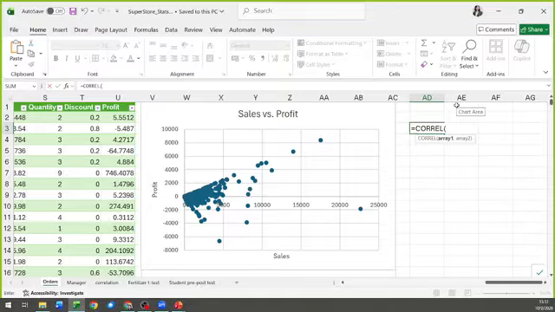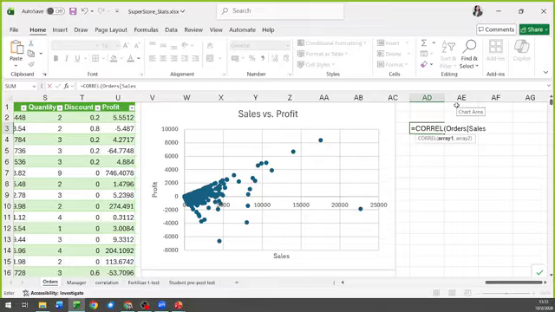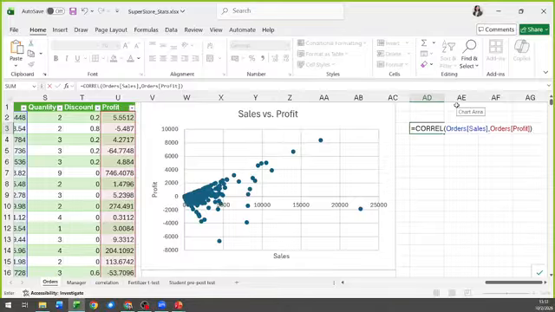This sheet is called Orders, between sales and Orders profit. Correlation between A and B and B and A are the same, so whether you do order sales, order profit, or order profit, order sales, it should be the same thing.